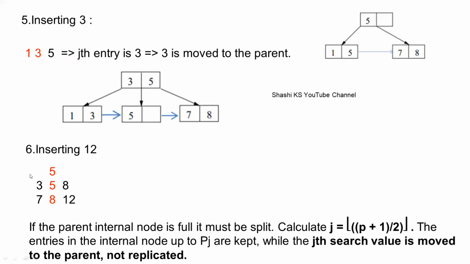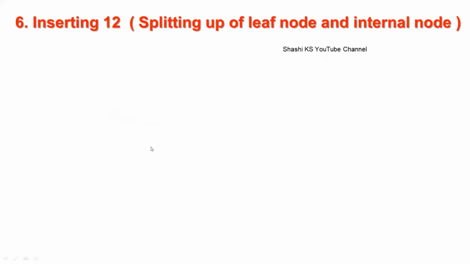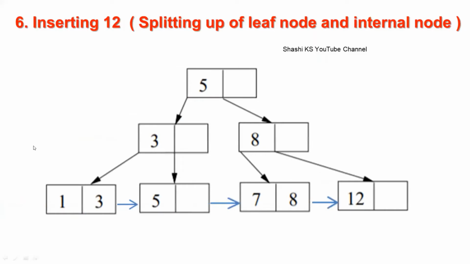So this is a particular example where you have to split the leaf node as well as the parent node also. When you do all of that, you will be getting this B plus tree structure. As I told, 5 is being moved to the parent node, but it is not replicated in the internal node, and a new node is being created for the node 8.